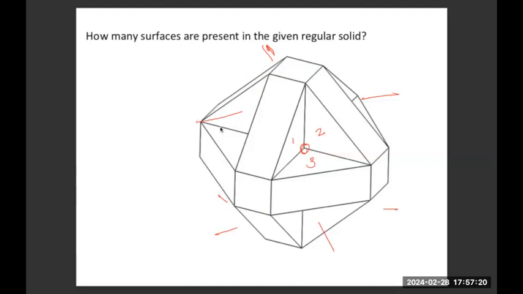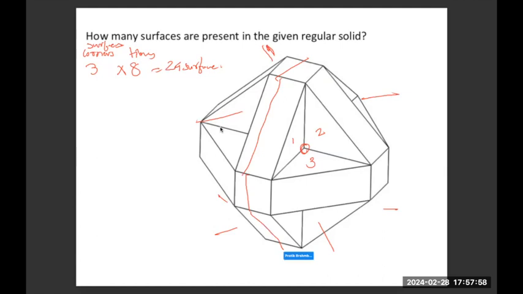So 3 corner surfaces multiplied by 8, since it's getting repeated, equals 24 surfaces total. Further, besides this, there are 2 strips which are running around. One is a strip which goes along this axis, which I'm drawing.